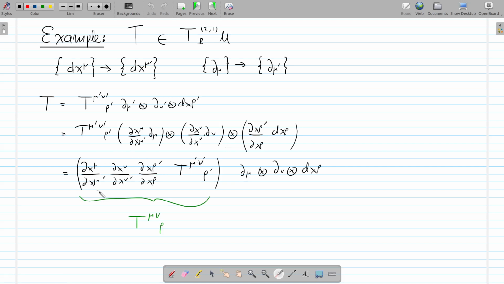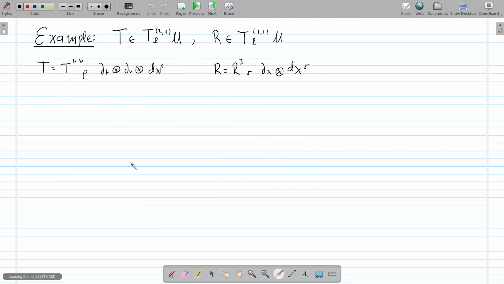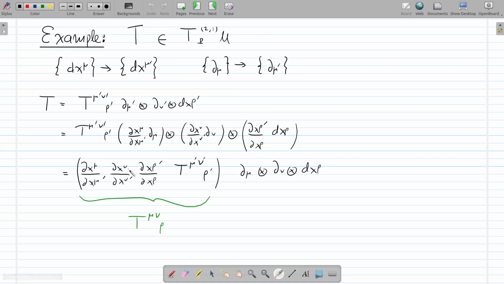we can factor out all those numbers in these parentheses, and we see that this is simply the coefficient of a linear combination in the basis formed by the coordinate vectors and 1-forms in the x mu coordinate system. So this is nothing but the component of T in the x mu coordinate system, and we see that this is equal to this number here. Notice the placement of the indices here.